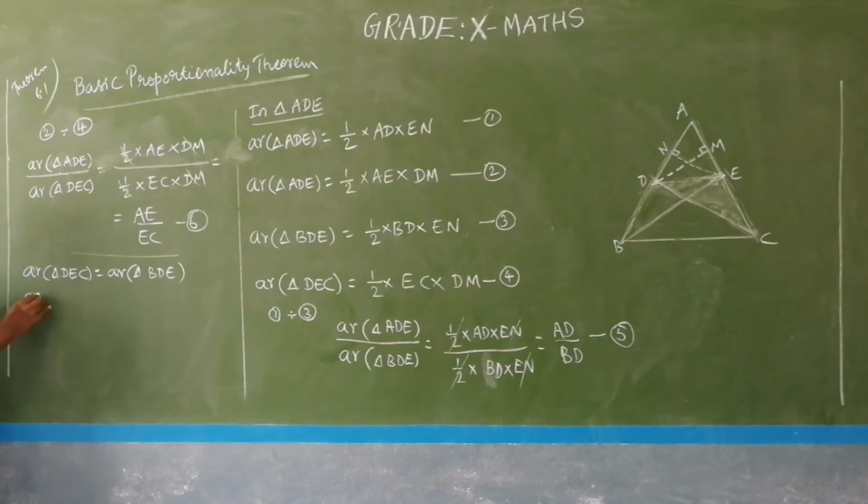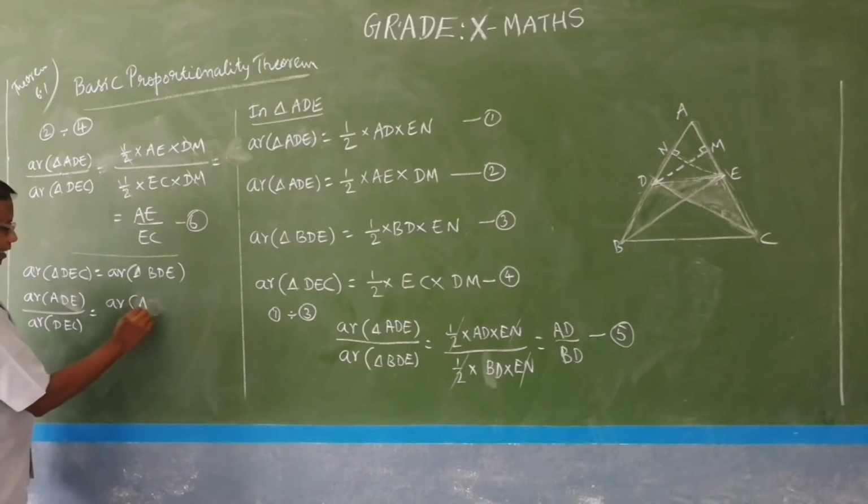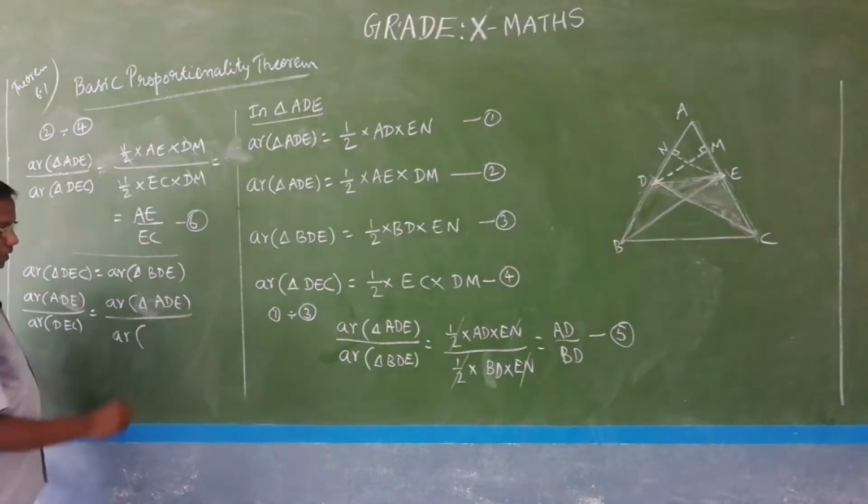Therefore area of triangle ADE divided by area of triangle DEC must be equal to area of triangle ADE divided by area of triangle, what is that?